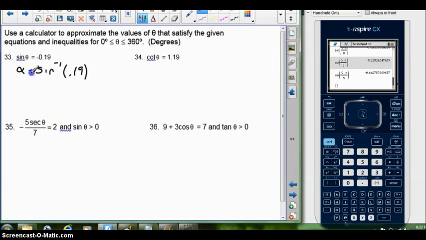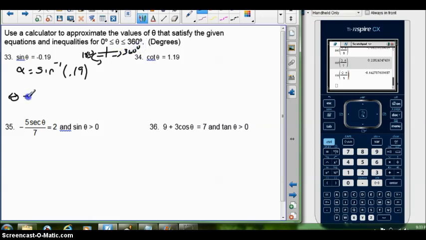Since we're looking at sine being negative, we know that's going to happen in two places: the third and the fourth quadrant for sine. Since we're in degrees, we're going to add to 180 degrees, and we're going to subtract from 360 degrees.